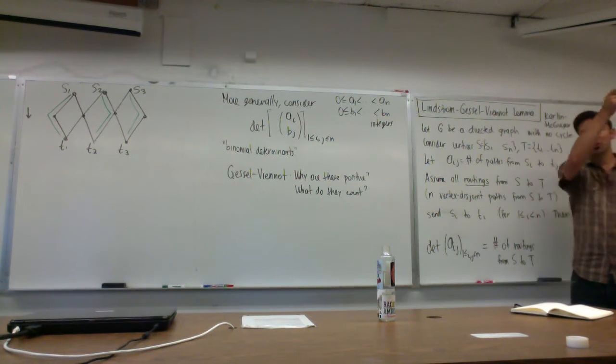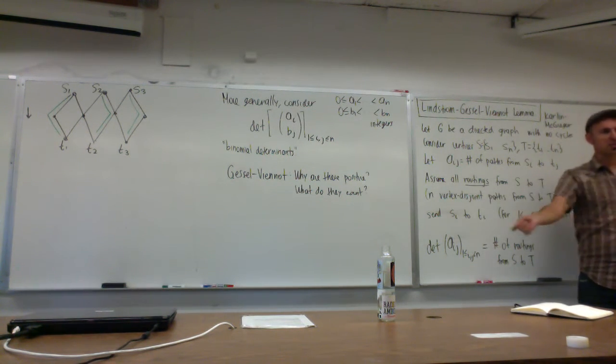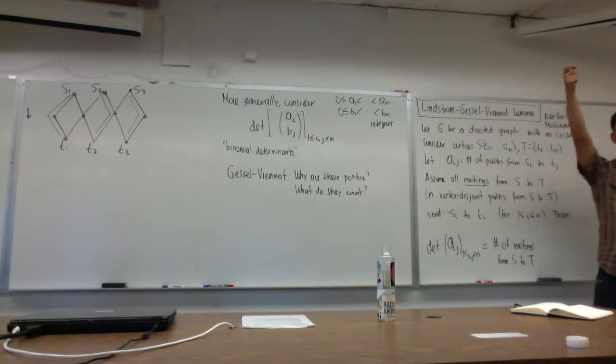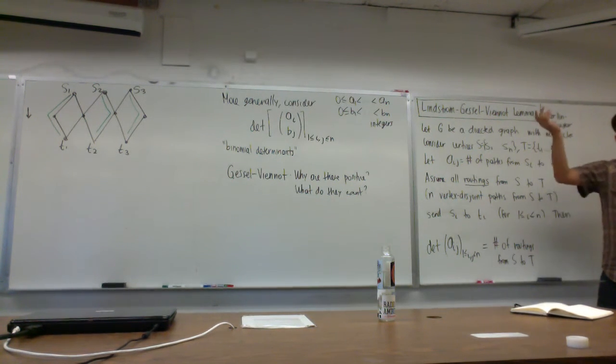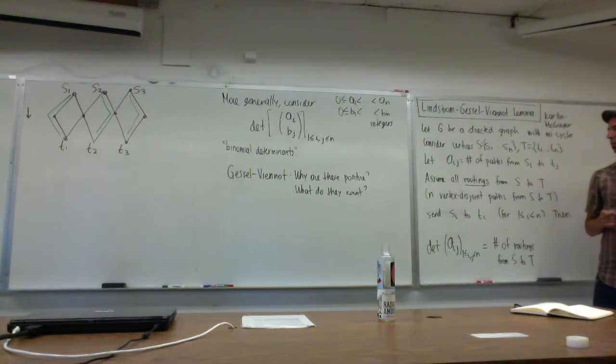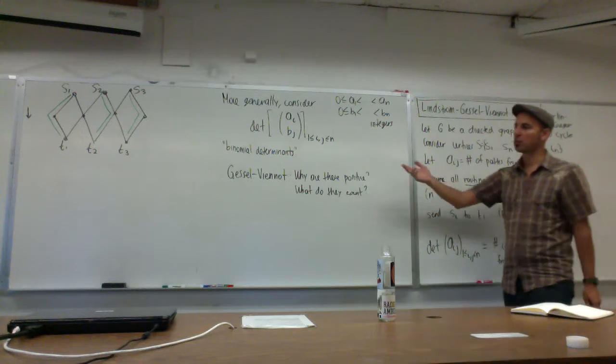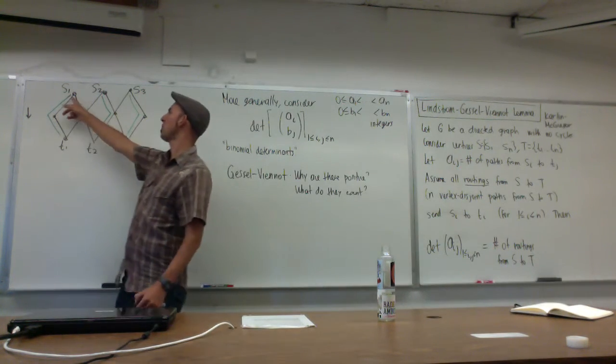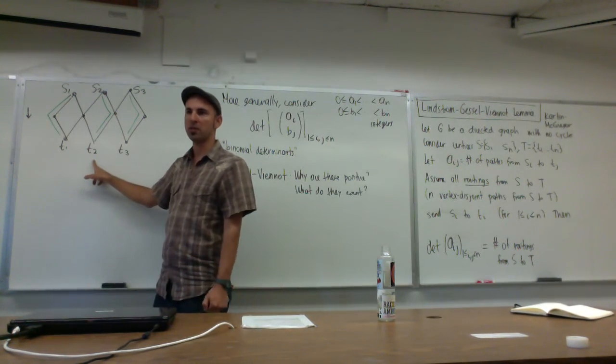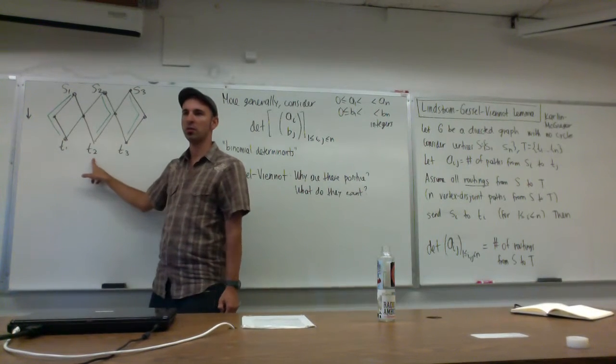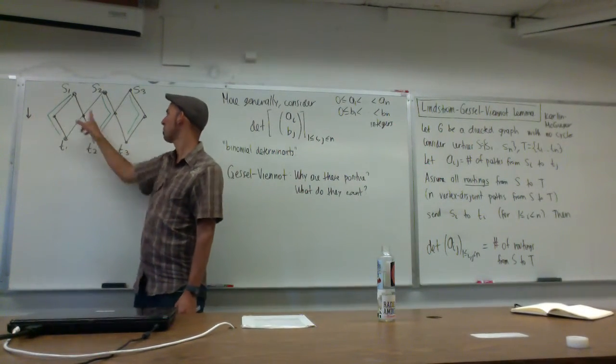So you just have your vertices Si, your vertices Tj, and now for every Si and every Tj, you just let Aij be the number of ways of walking from Si to Tj. And this is some number for every i and j. Like here, for example, from S1 to T2, there is one way to get here. So A12 would be 1. A13 would be 0. Right?